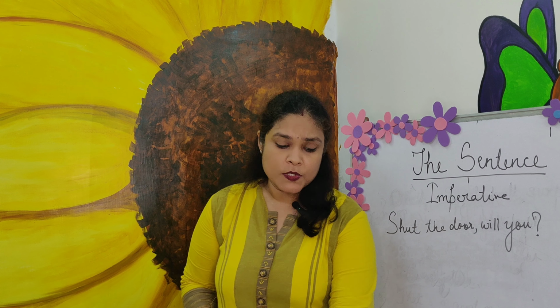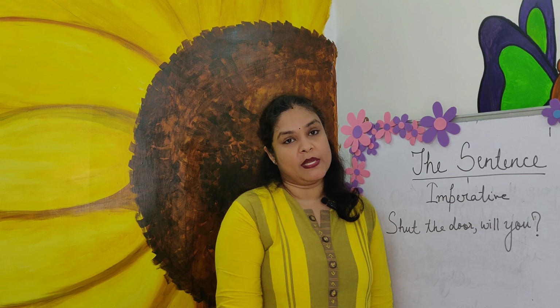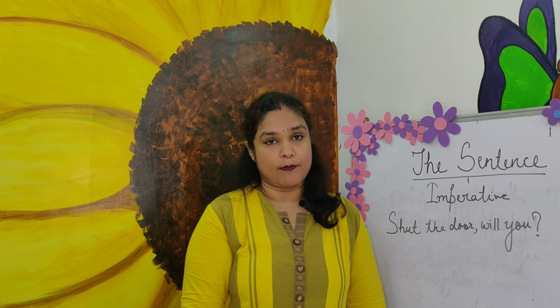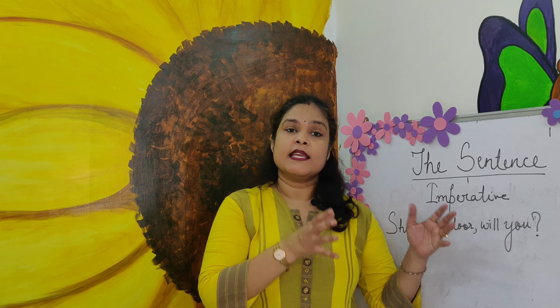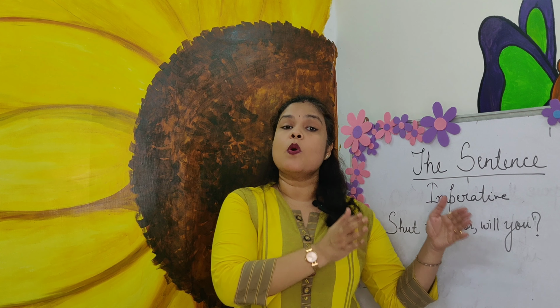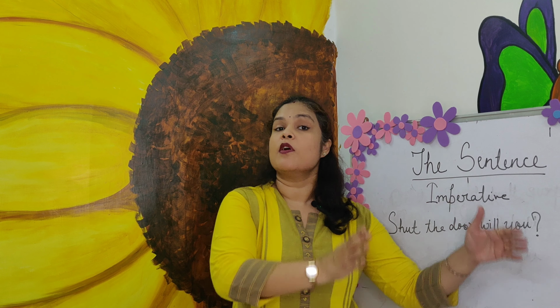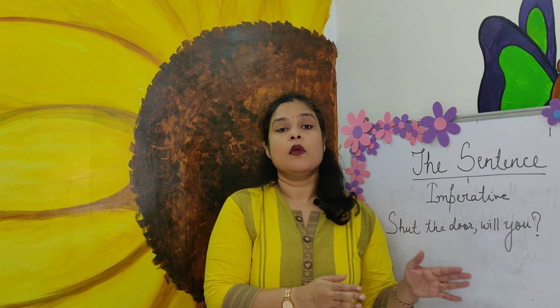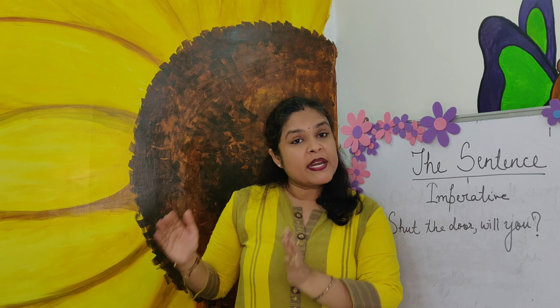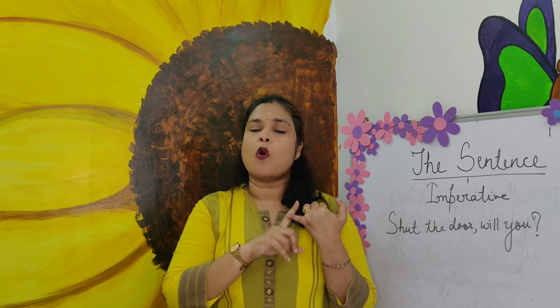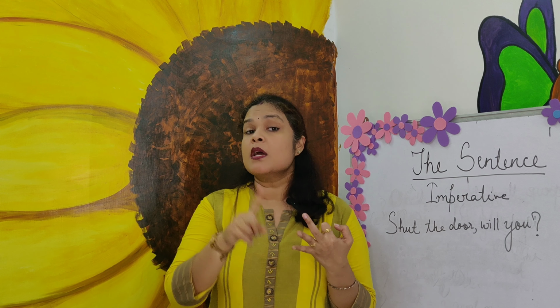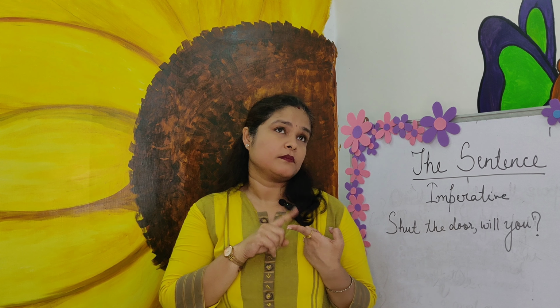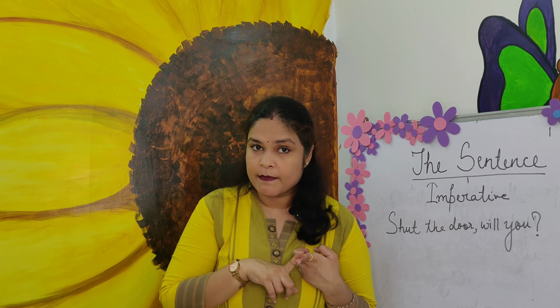People get confused between imperative and exclamatory sentences. Let me do a quick recap for that. An exclamatory sentence is a sentence which will tell you about a heightened form of emotion, whereas an imperative sentence might give you an order, instruction, command, advice for that matter.